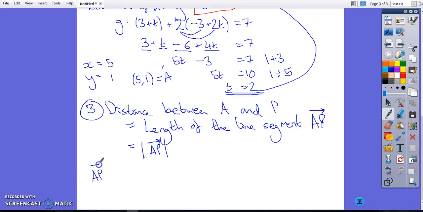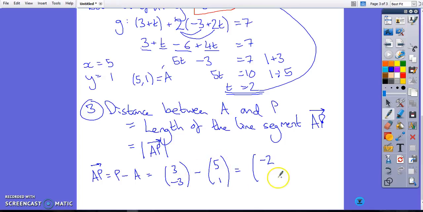So AP is P minus A, which is (3, -3) take (5, 1), which is then minus 2, since 3 take 5 is minus 2, and minus 3 take 1 is minus 4.